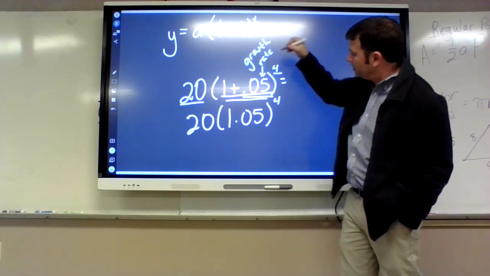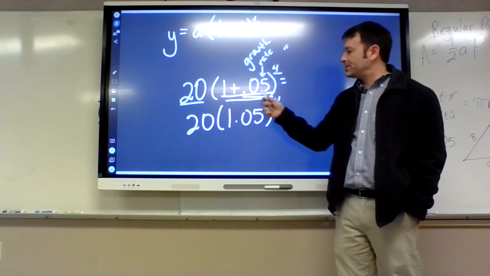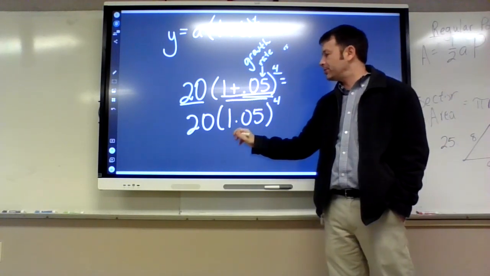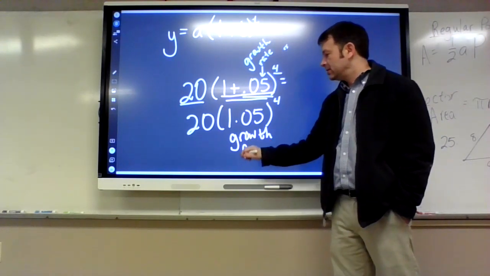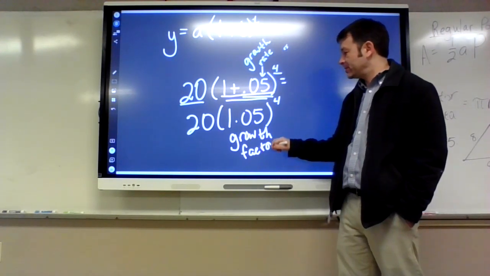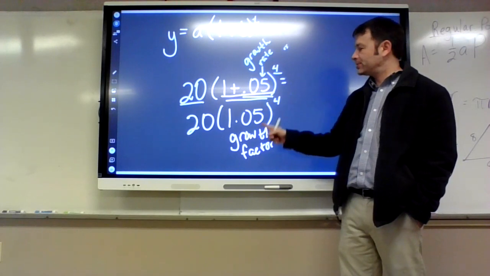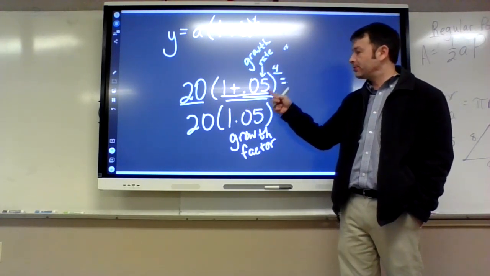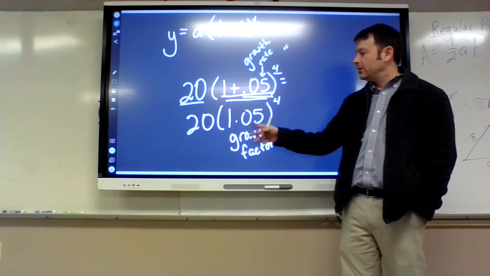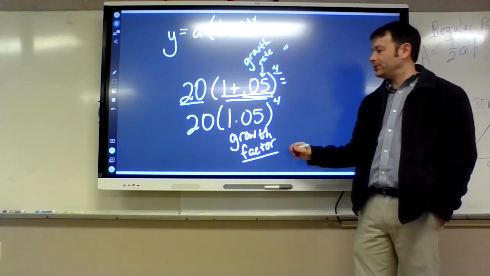This is the growth rate. When you simplify the parentheses and just add them together, this is called the growth factor. It's kind of confusing because people get these two confused. Growth rate, 5%, growth factor, 1.05. You just add the 1 to the growth rate to get the growth factor. What's a factor? A factor is a number that you multiply by.